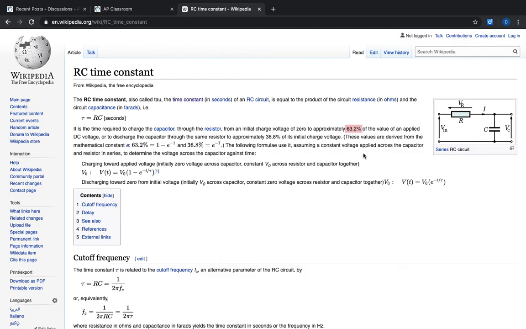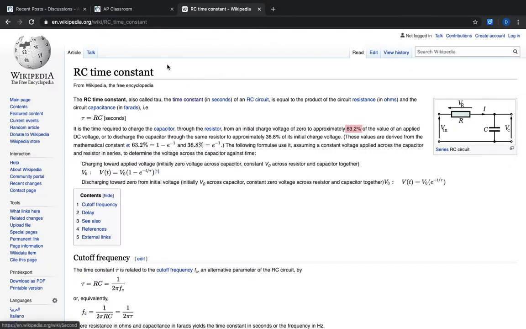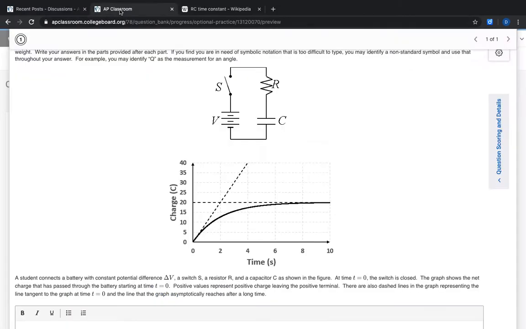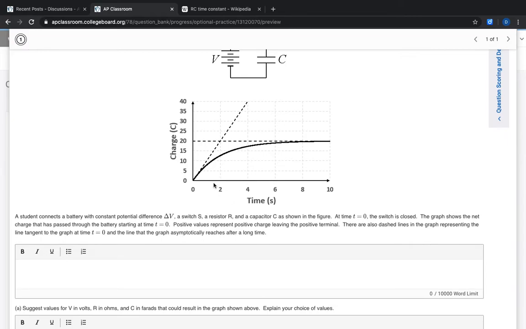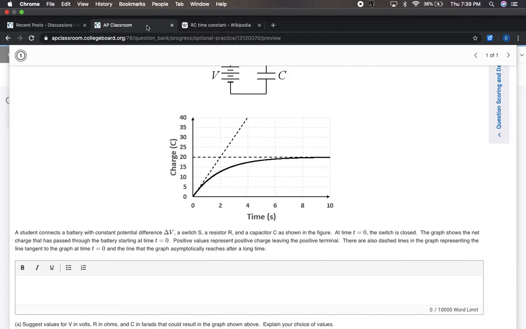Okay, so what we can do here is use that value to figure out what the time constant is going to be. So we want to know at what time we reach 0.632 of our charge value. Total charge is 20. If you take a calculator, 20 times 0.632, I'm getting 12.64.